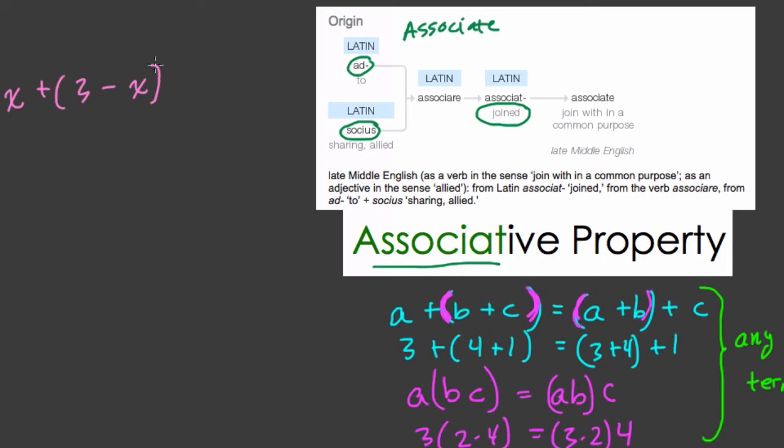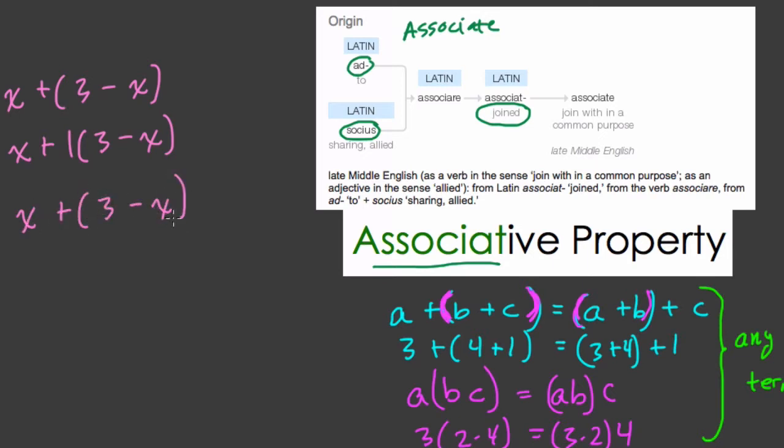These parentheses here, right, don't really mean anything because there's nothing being distributed to both the 3 and the x. There's no number here in the front like 2 or 3 or 4 to alter their value. You could think of this as x plus 1 times 3 minus x, right? But one group of 3 minus x is just 3 minus x. So we can use the associative property here to think about how easy it is to simplify this expression.